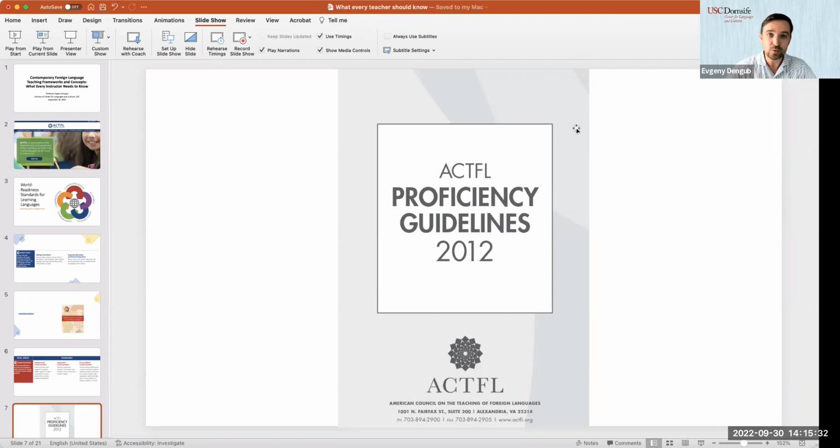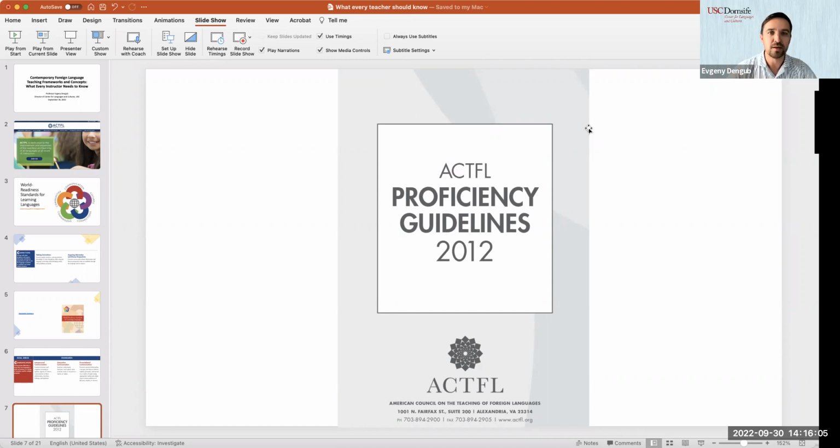If you had to attend one workshop from ACTFL or any language teaching workshop, I would highly recommend reading the guidelines and attending the workshop. I don't want to say this workshop changed my life, but it did in a way. It certainly was a breakthrough moment for me, understanding what proficiency is, understanding the levels.